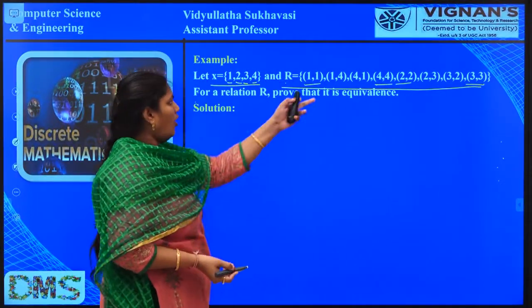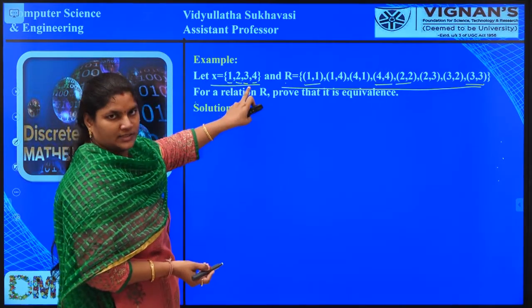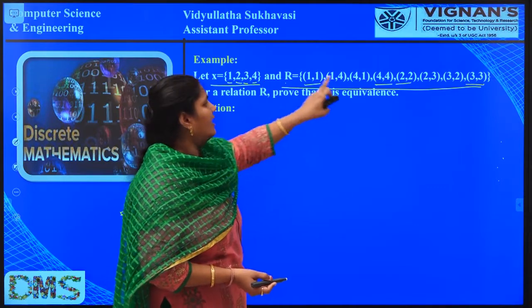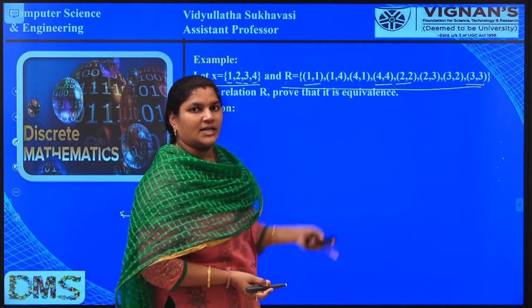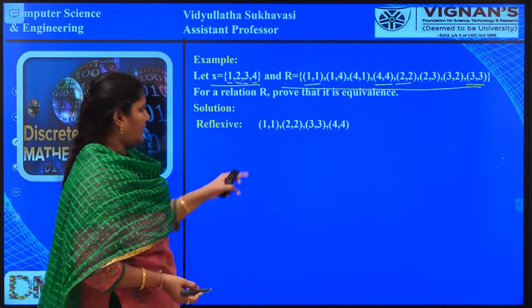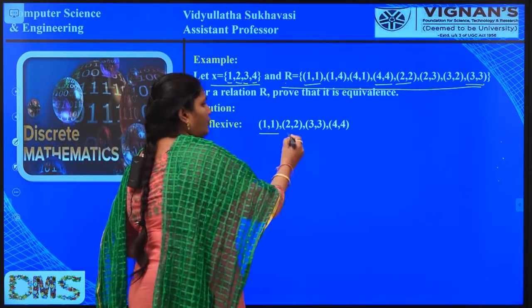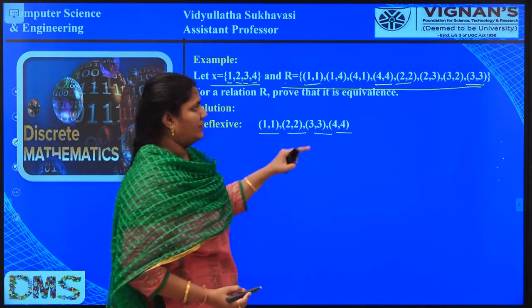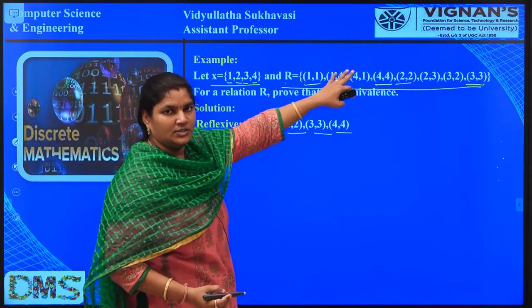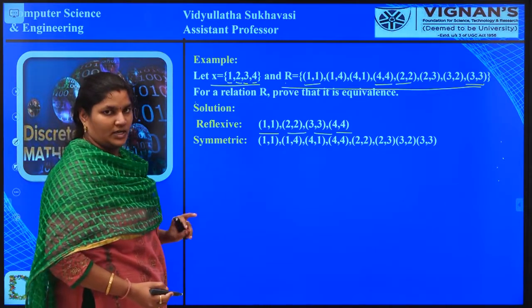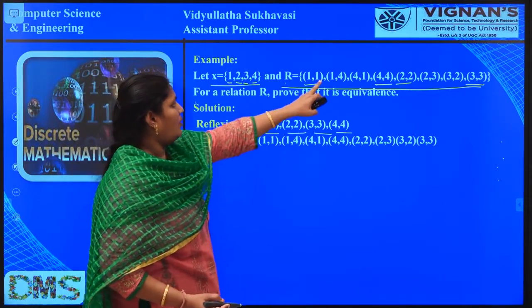So all the elements which are in set X are in the reflexive form. That means it is satisfying the reflexive property. So for satisfying reflexive, we need to have (1,1), (2,2), (3,3), (4,4) present in relation R.